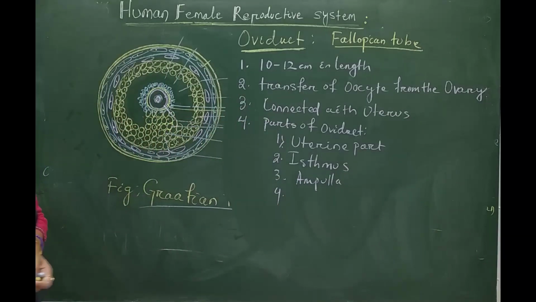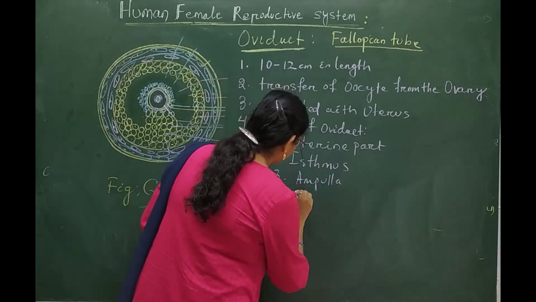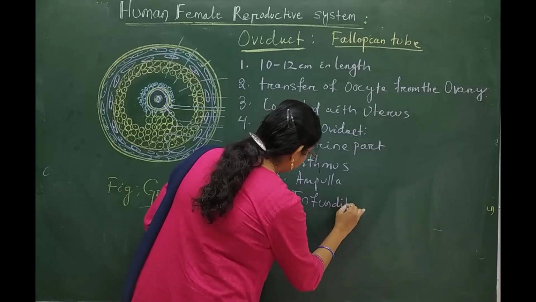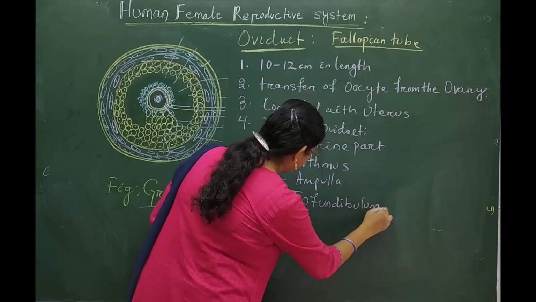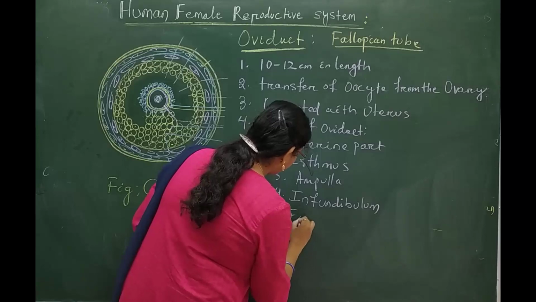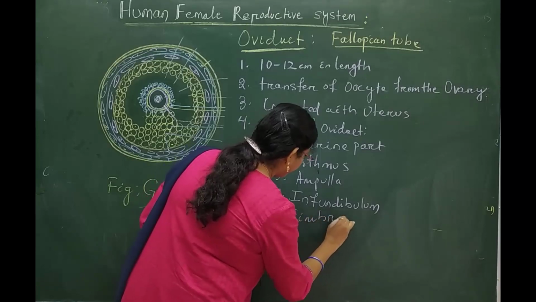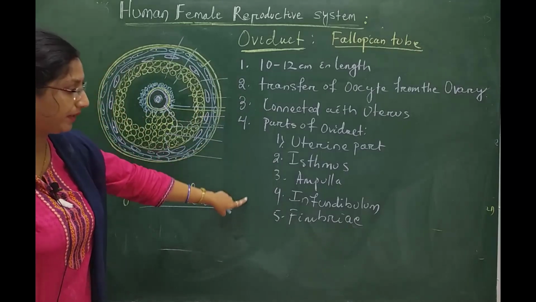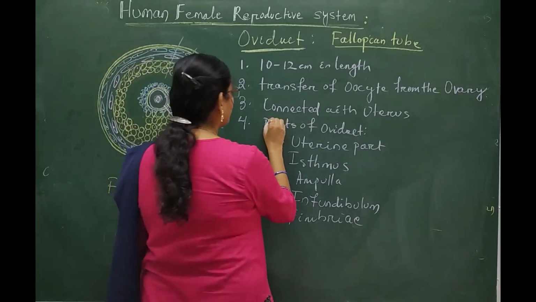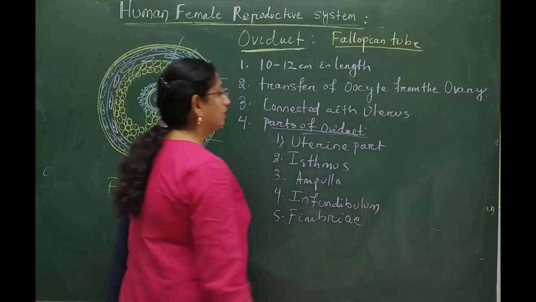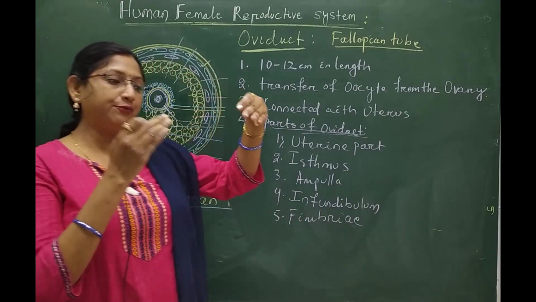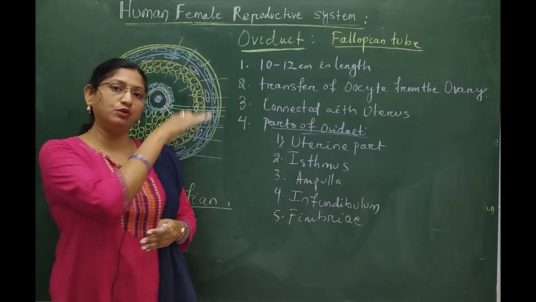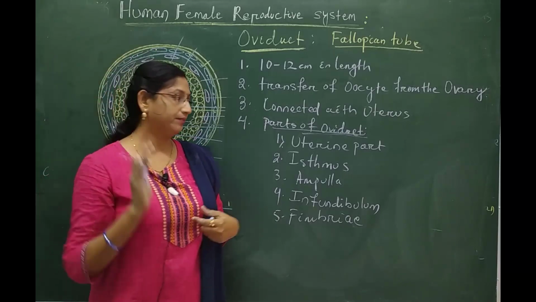Number 4, infundibulum. Number 5, fimbriae. All these five different parts constitute the oviduct; these are the different segmental parts of the oviduct starting from the uterus to the ovary.